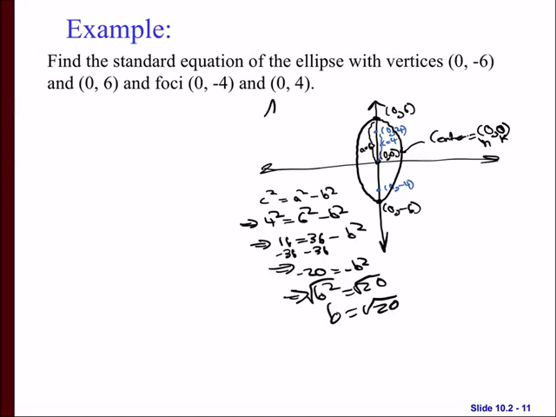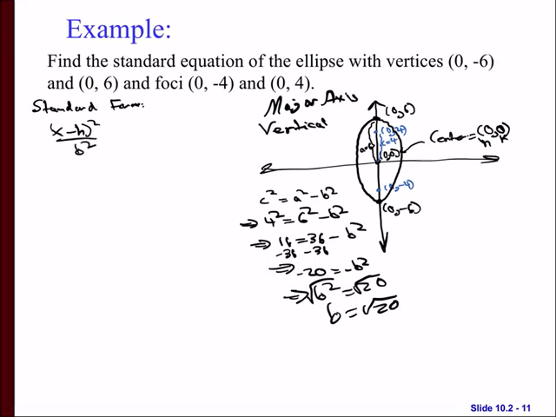Now, one thing we make note of is our major axis, which is the axis that contains our center, our vertices, and our foci, is vertical. It's going up and down, this ellipse, right on the y-axis, and we're centered at the origin. So with that said, our standard form for an ellipse whose major axis is vertical is (x - h) squared over b squared.